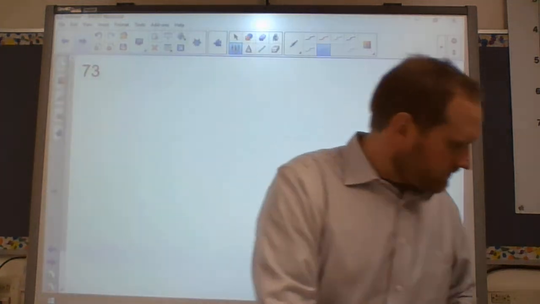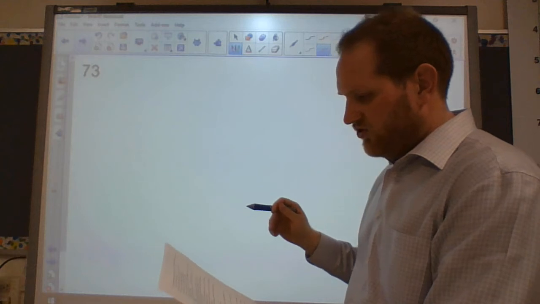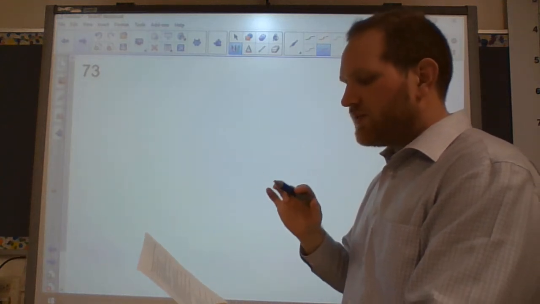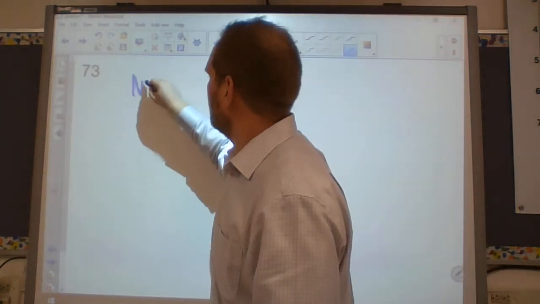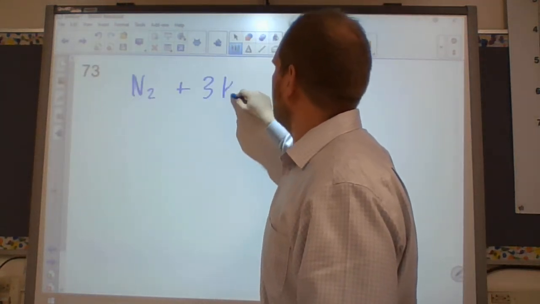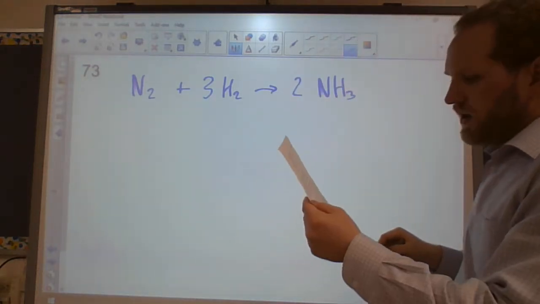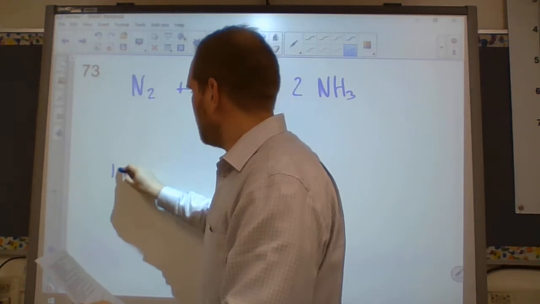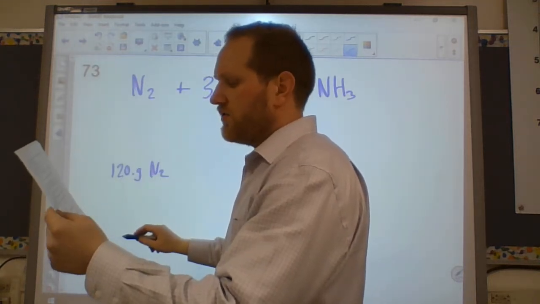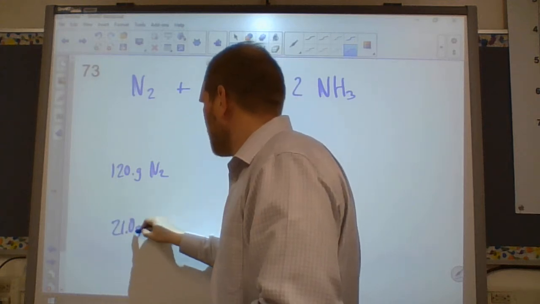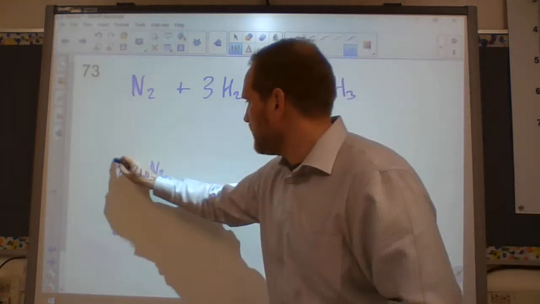All right, 73. How many moles of NH3 could be produced from the above reaction? Okay, so it's the same thing, but now it's going to be a limiting reactant problem. So let me rewrite the equation. We have nitrogen plus 3 hydrogens yields 2 NH3, which is ammonia. So we're going to have 120 grams of nitrogen and 21.0 grams of hydrogen. We need to turn both of these into moles.